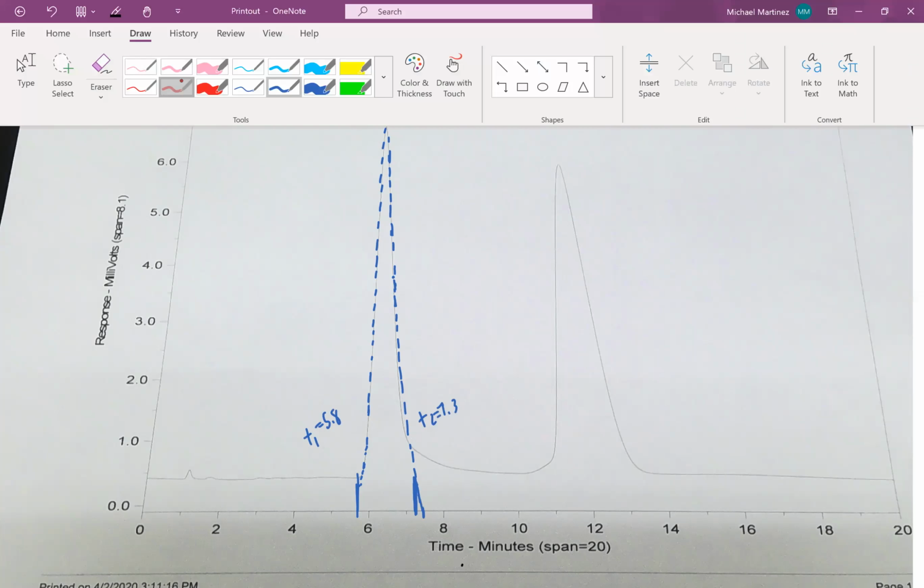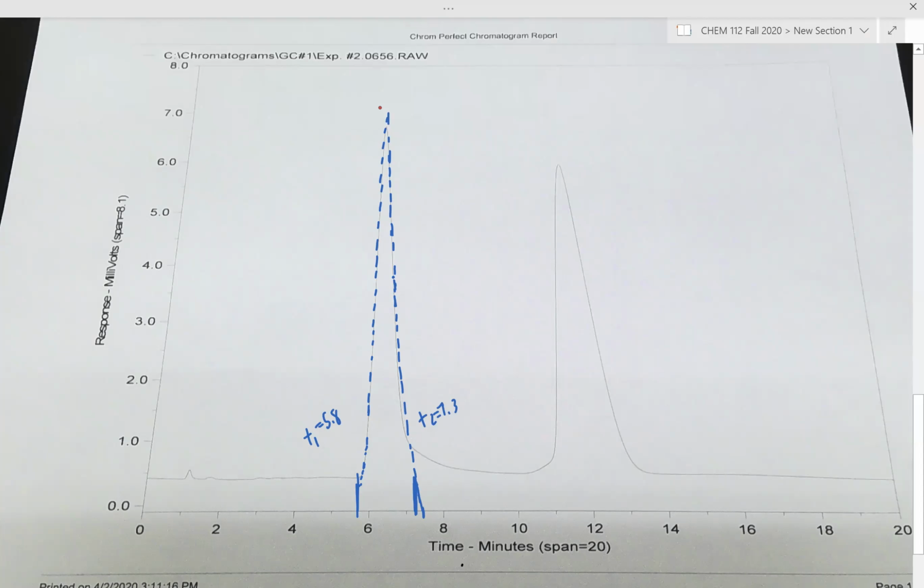We're then going to assign our peak height, and we're going to assign our retention time, which is the point when our two tangent lines intersect. So our retention time would be approximately 6.5.